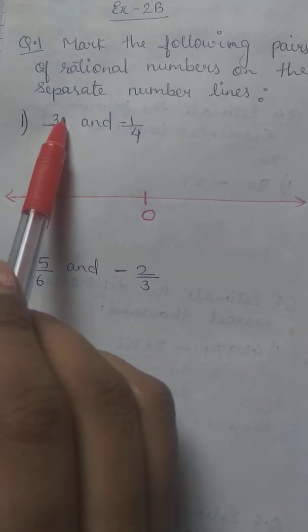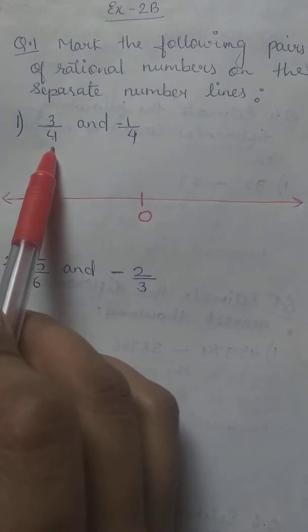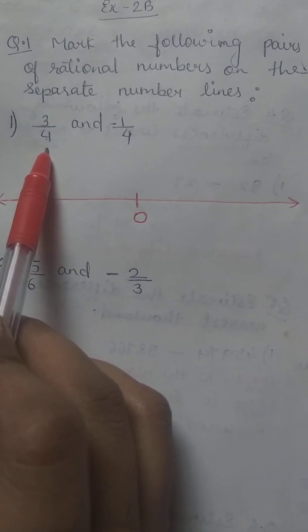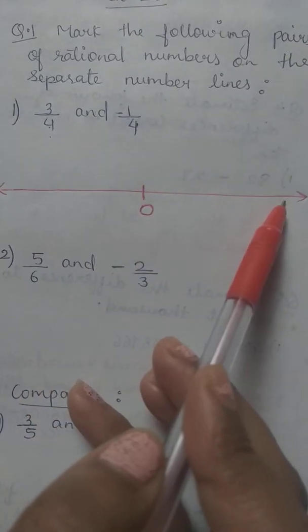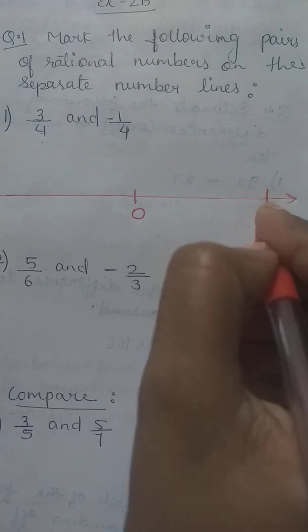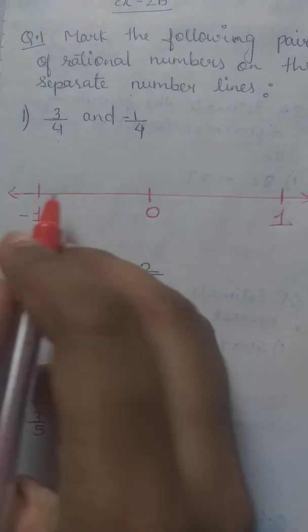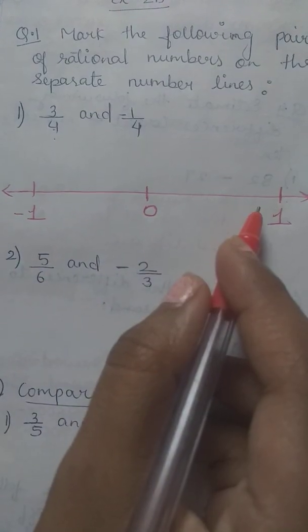If the numerator is smaller than the denominator, then the number will be between 0 and 1. So I'm writing 1 here and minus 1 here, because the number will be between these two.